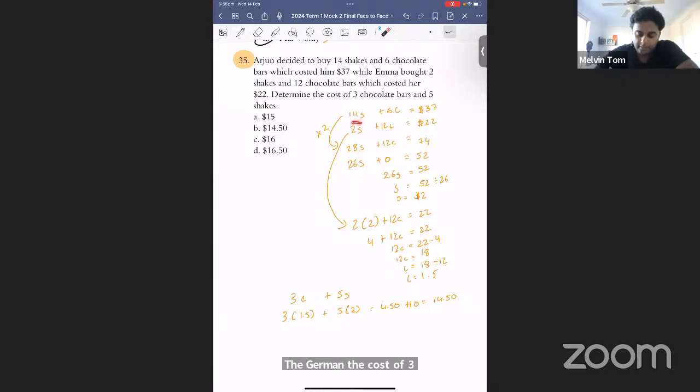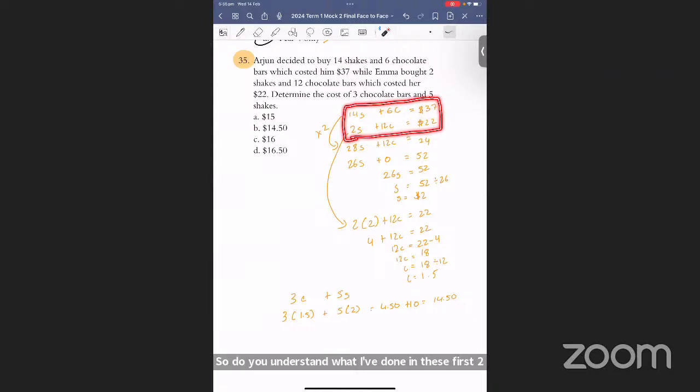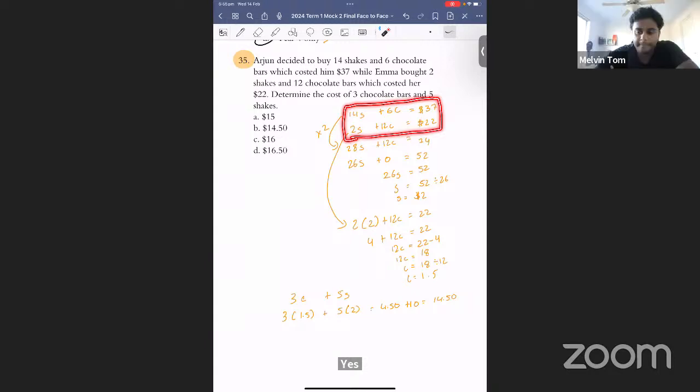So Natasha, the first thing you do is you write down what the question says, right? Do you understand what I've done in these first 2 lines? All clear? All right. Next, I multiplied the top equation by 2 because in algebra, we can't solve it if there are 2 variables.